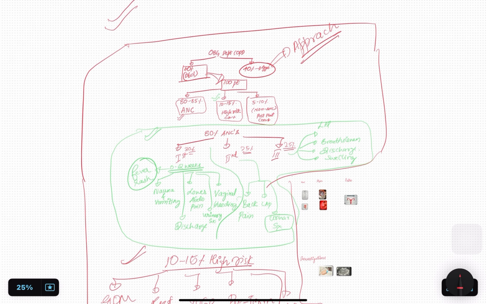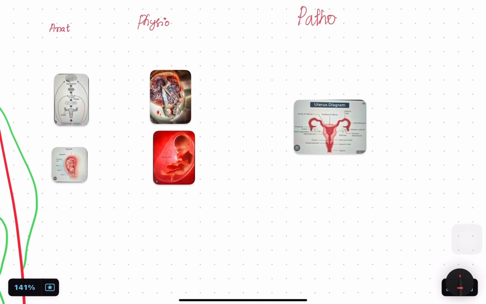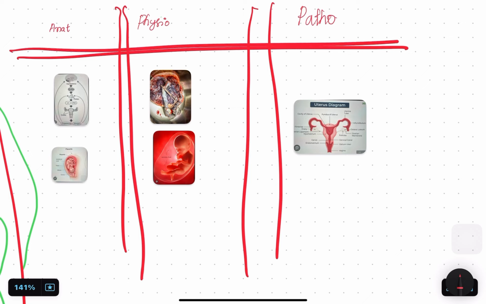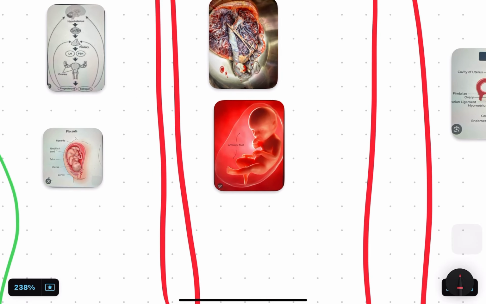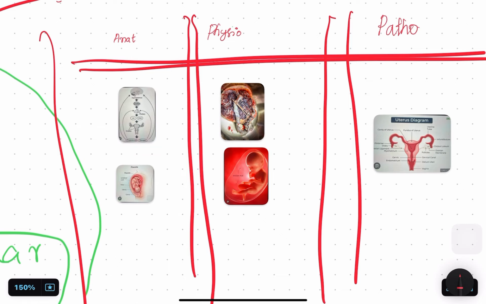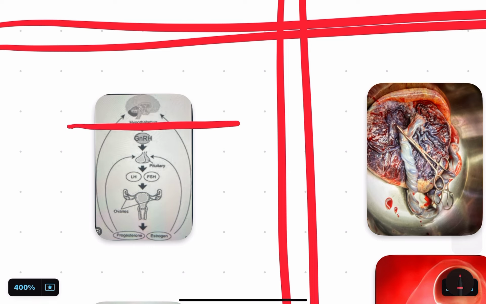Got it? Now coming to the proper things which we follow. See guys, as I've explained to you in earlier classes, this is the approach which we follow, that is anatomy, then physiology and pathology. See, as I told, we have divided it into subsequent strata. What do you mean by strata? See, here for a pregnancy, four important things are required.